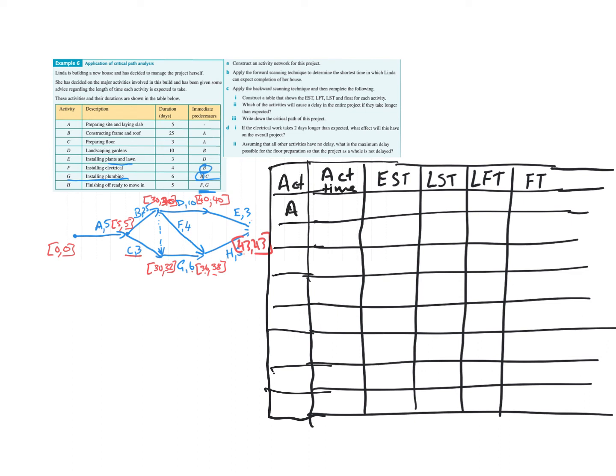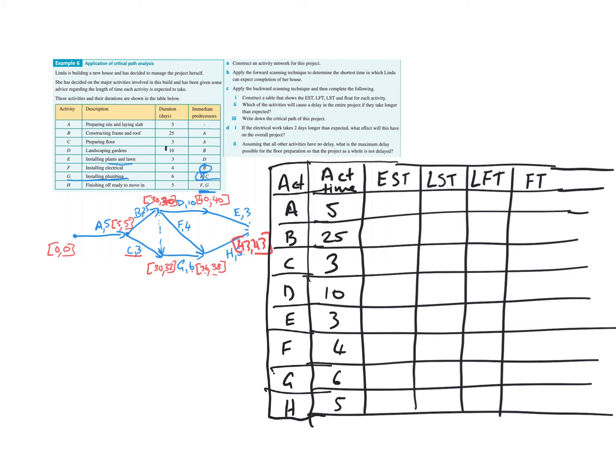Okay, so activity A, B, C, D, E, F, G, H. Activity time, what have we got here? We got 5, we got 25, I'm just copying off this table up here, 3, 10, 3, 4, 6, and 5.